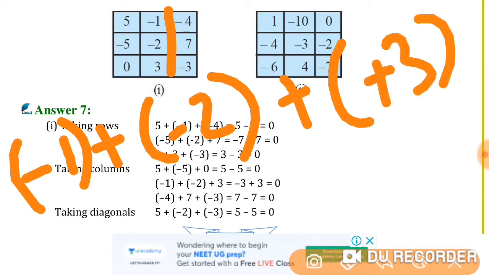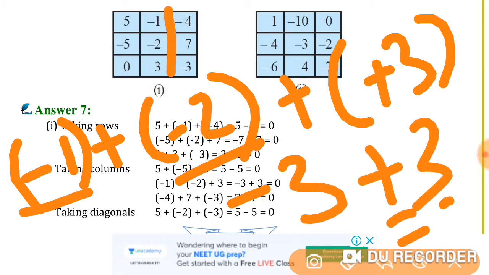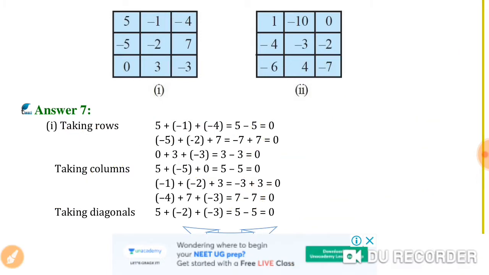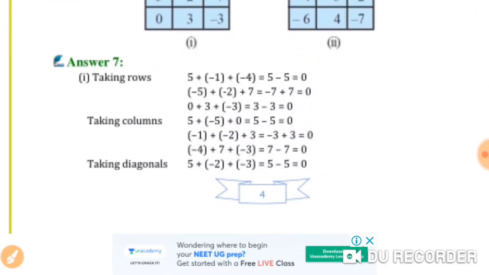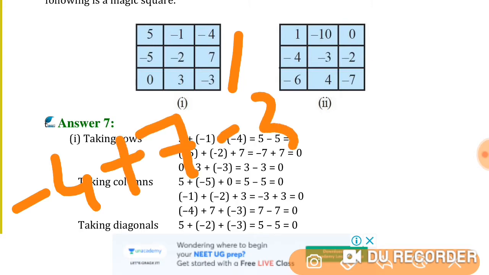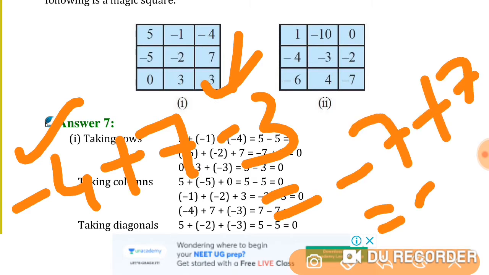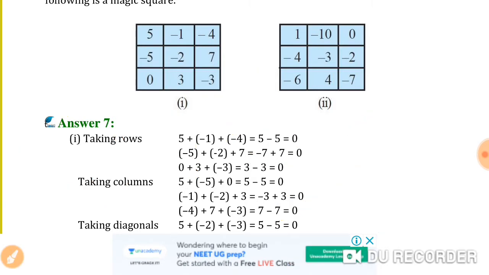That means minus 1 minus 2 is minus 3, plus 3 becomes 0 here. Then see the third column, minus 4 plus 7 minus 3. So minus 4 minus 3 is minus 7, plus 7 becomes 0 here. So all rows and columns become 0 here.